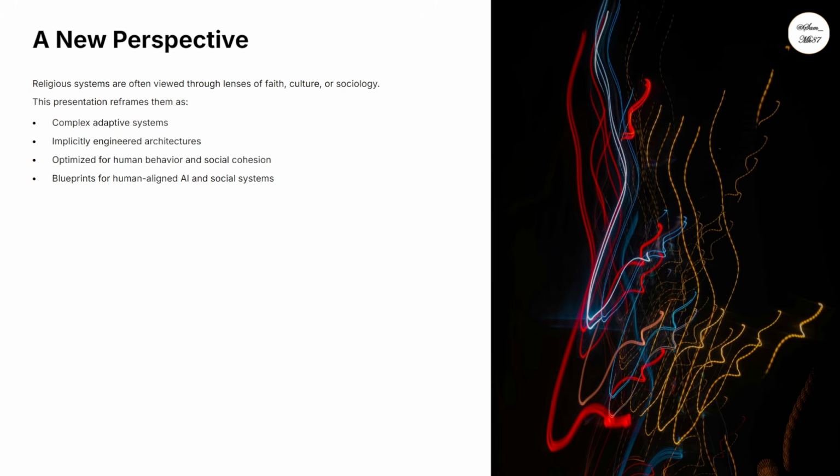What's fascinating is that these systems, without a formal design, have optimized for values like cooperation, moral development, and long-term stability. In that sense, they can be seen as early blueprints for what we now strive to build with human-aligned AI systems that guide behavior, resolve conflict, and also support flourishing communities. So rather than separating religion and technology, what we are trying to do here is to explore how one might inform the other.